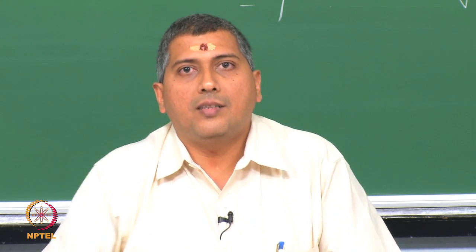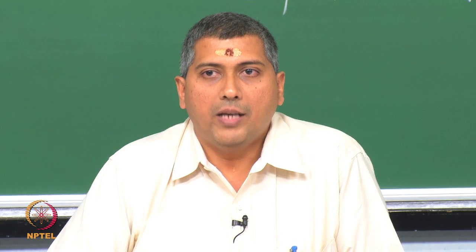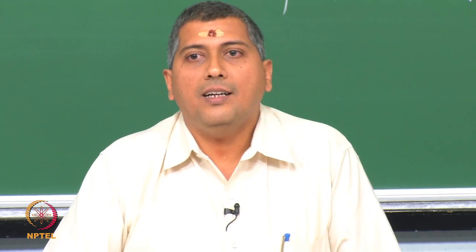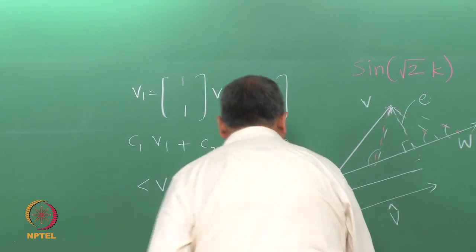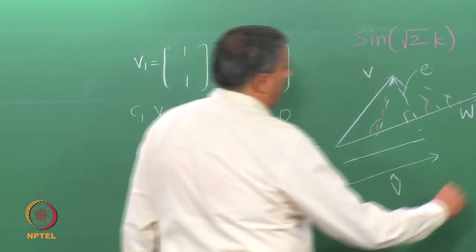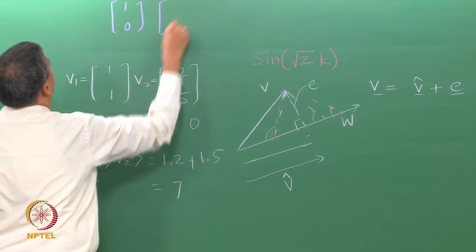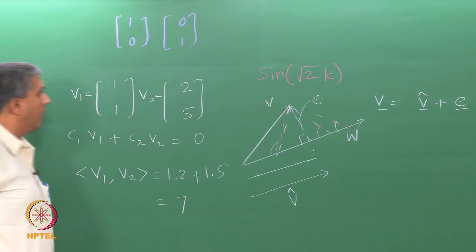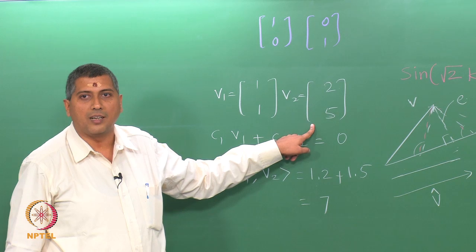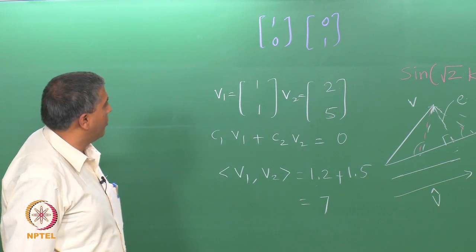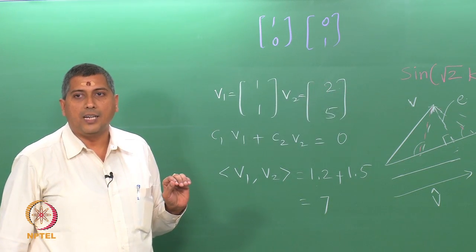So the classic example, if you take the two-dimensional real space, the classic set of basis vectors are 1, 0 and 0, 1. Those are the two basis vectors that we normally are given as examples. But I might as well choose these two as the basis for the two-dimensional real number space, because this also can span the entire two-dimensional space.